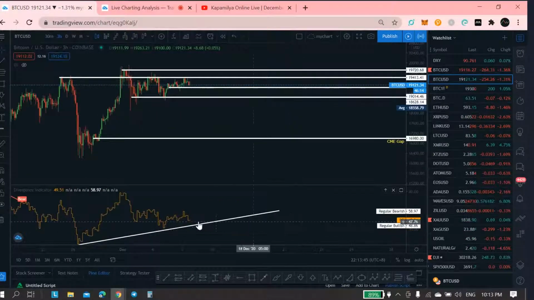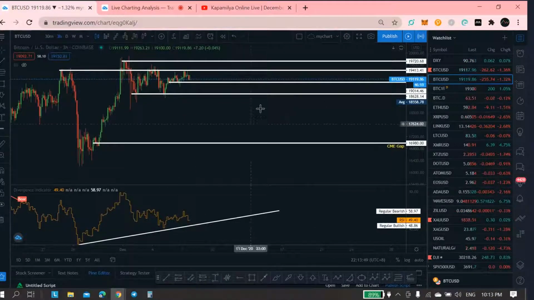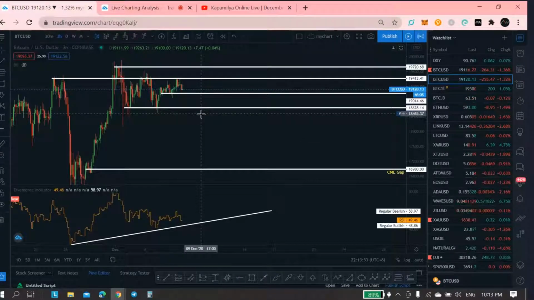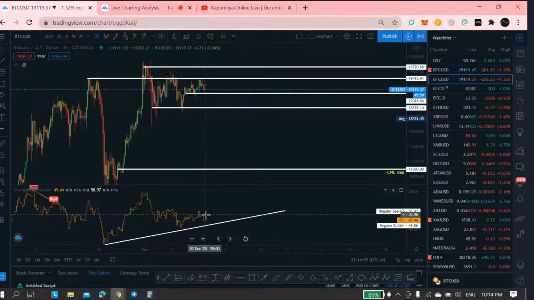However, as you can see, this area is, but it seems like it's trending higher.